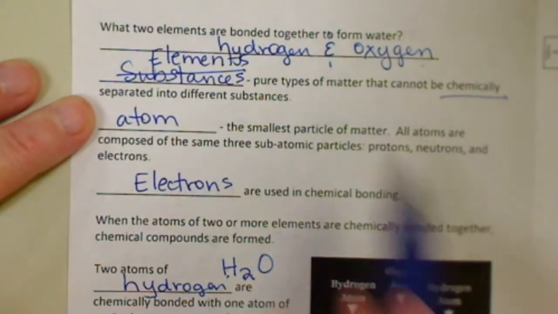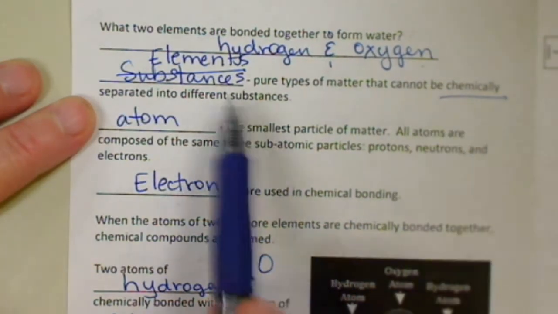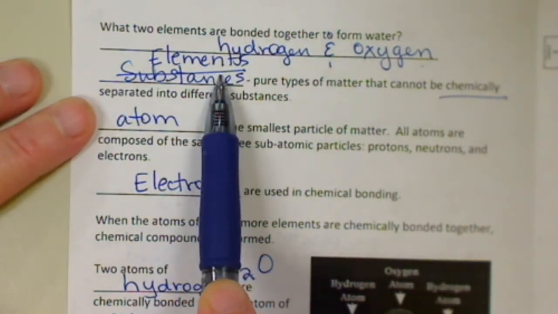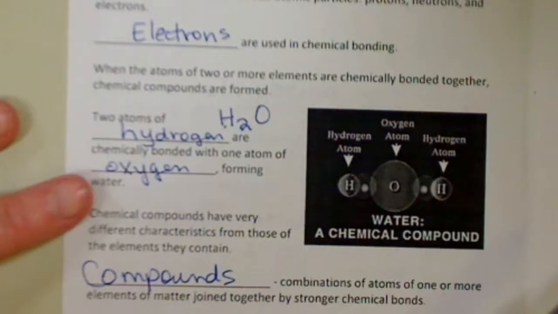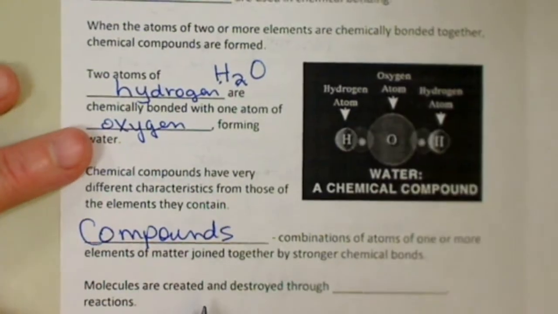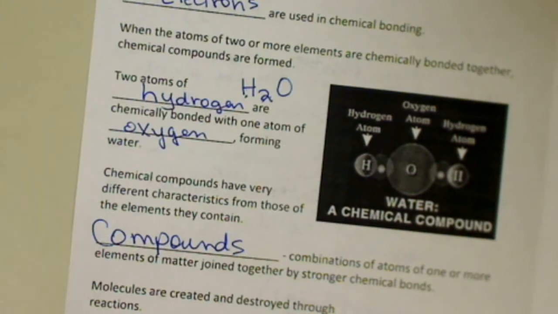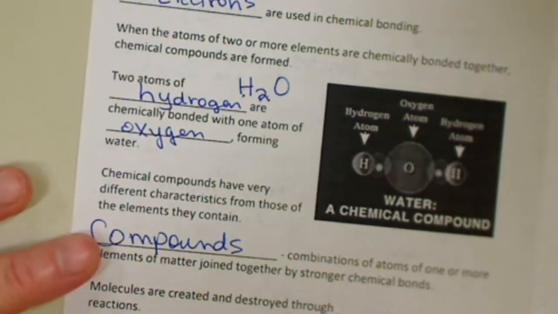An element is just an element by itself. There is nothing to break down chemically. A compound can be broken down chemically, but it cannot physically be broken down by just sorting it or boiling it or something like that.